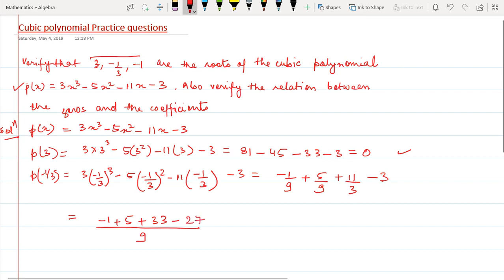And what do I have? Am I getting a 0 or have I made a mistake here? Minus of 1 by 9 plus of 5 by 9 plus of 11 by 3 and minus of 3. 3 threes are 9, 9 threes are 27, 28.